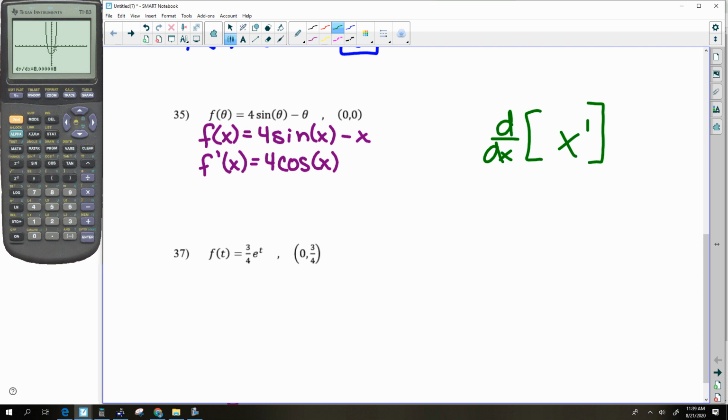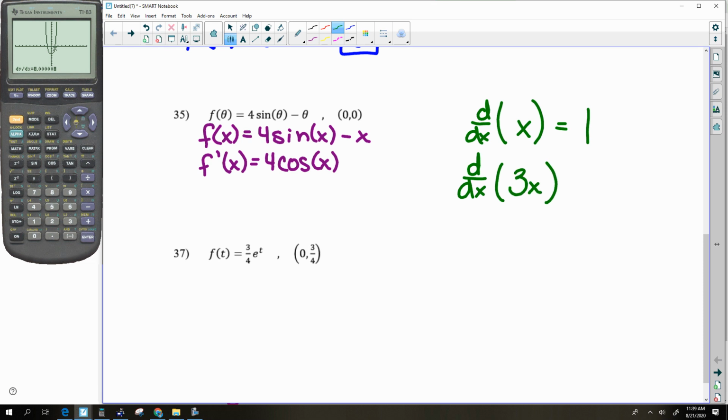The exponent drops down and multiplies the 1 that's already there, and then this gets reduced by 1, so that is x to the 0, aka it's not there. So the answer is 1. Writing that a little more clean, d dx of x is equal to 1. It also implies that d dx of 3x is equal to 3, because it multiplies down and reduces by 1.